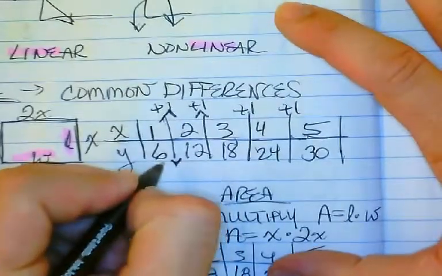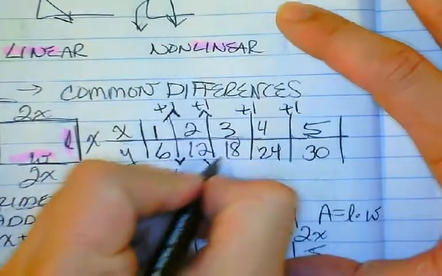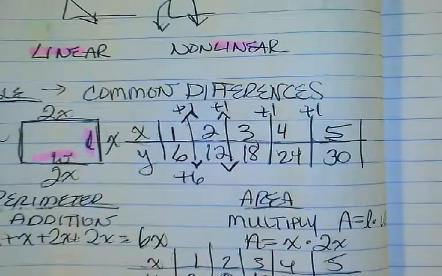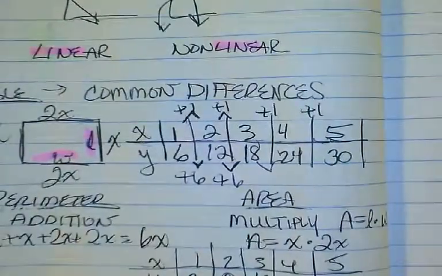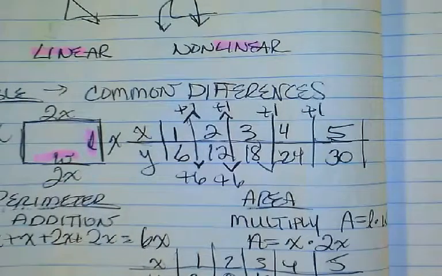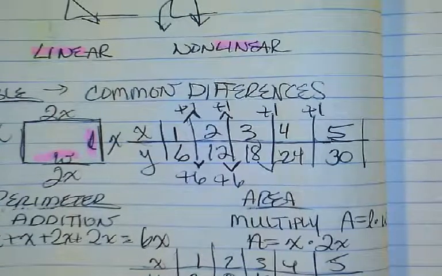So how do we go from 6 to 12? Good. And what about from 12 to 18, Edamaris? Well, 6, John, how do we go from 18 to 24? Yeah? How much am I adding?